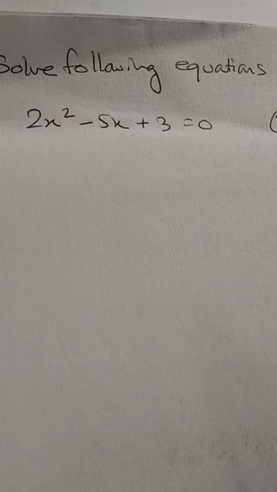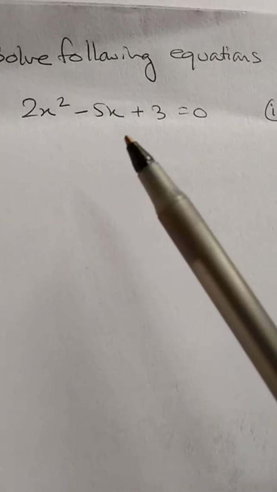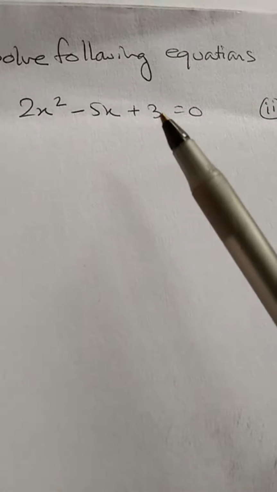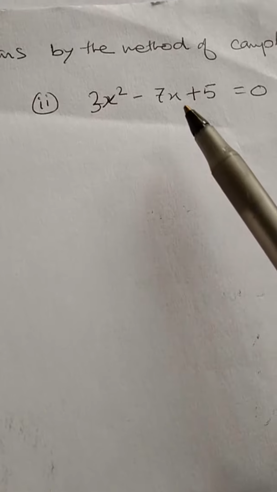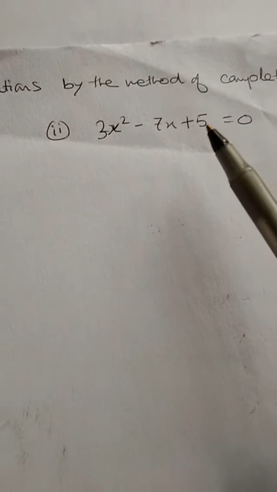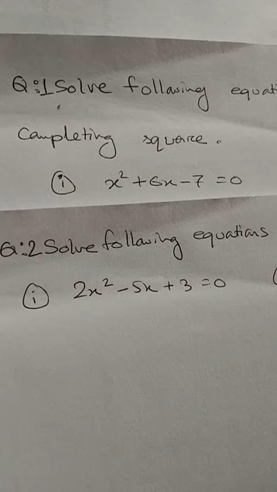We have taken two more examples to solve the quadratic equation by the completing square method: 2x² minus 5x plus 3 equals 0 and 3x² minus 7x plus 5 equals 0. Now I'll show the difference between these two examples and the previous examples.